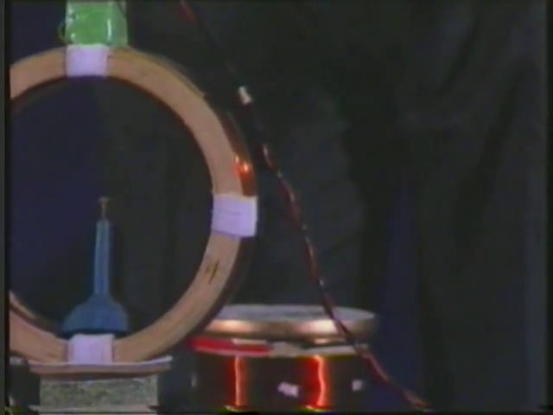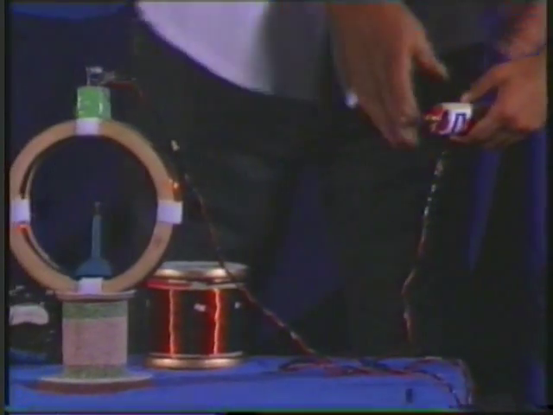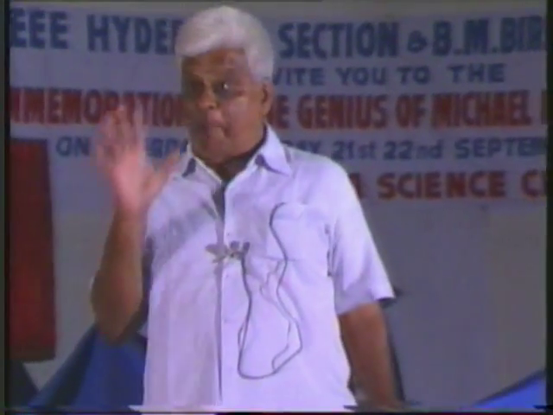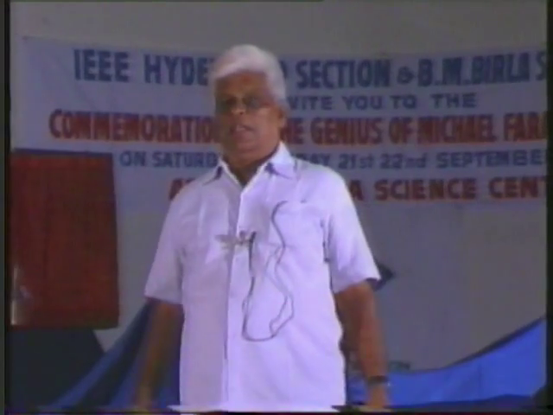This is a very, very important experiment. What we have observed is that any conductor carrying an electric current has a magnetic field around it. And if you want a concentration of the field, have many turns.